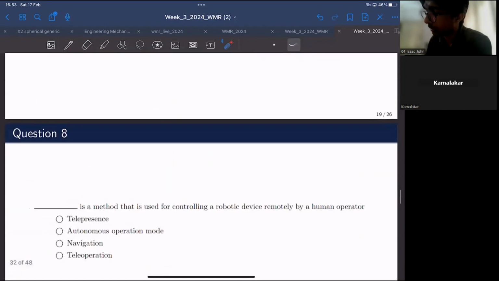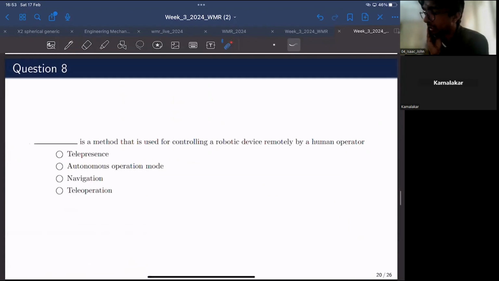Okay, so similarly, moving on to question 8. So dash is a method that is used for controlling a robotic device remotely by a human operator.